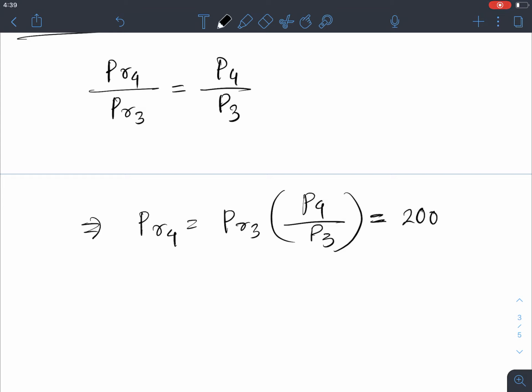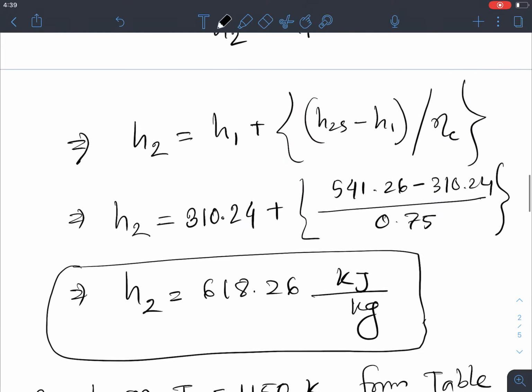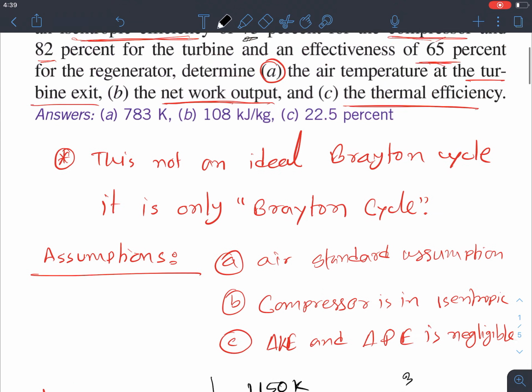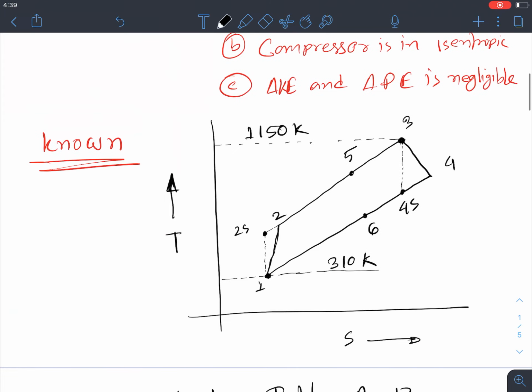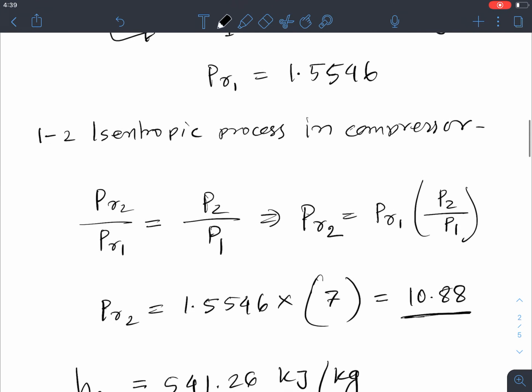And then we know that PR3 is 200.15 times P4 divided by P3, which is also the pressure ratio, right?